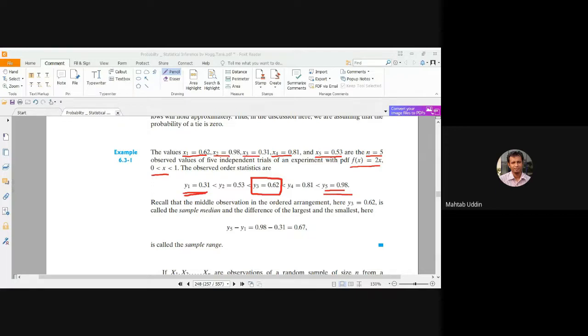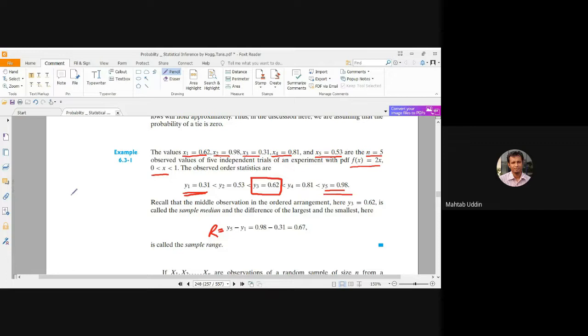The range here is 0.98 minus 0.31, which is 0.67. It is called R.